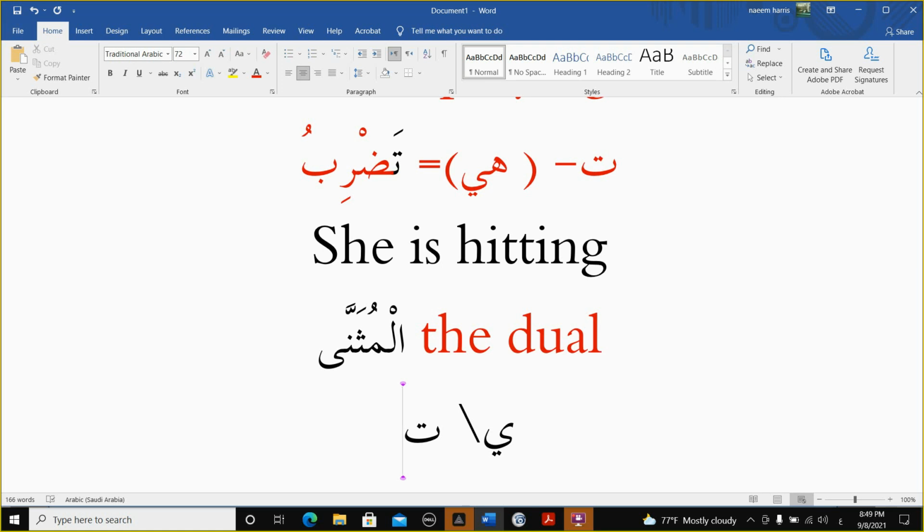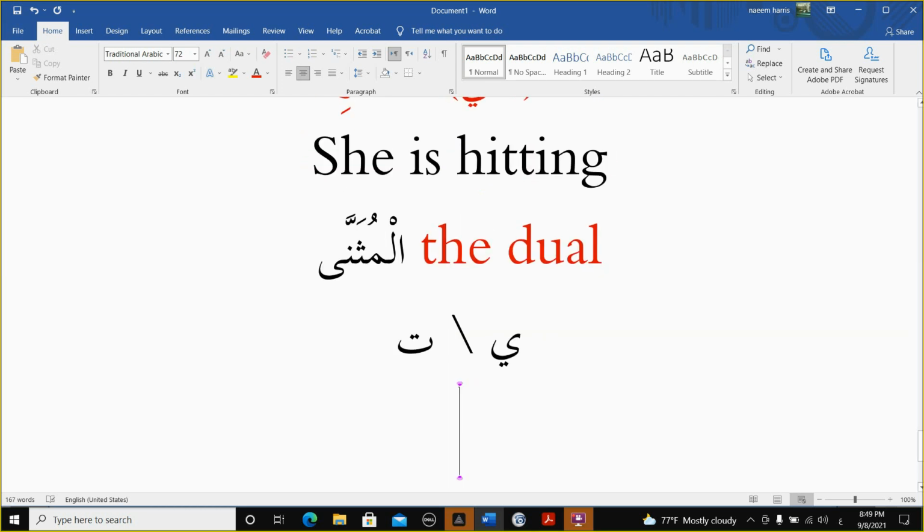That's it. You may say nahnu, the noon, but that noon doesn't mean two of them. Two people can say us, but that noon doesn't mean two. So for the muthanna, there's only two, ya and ta.